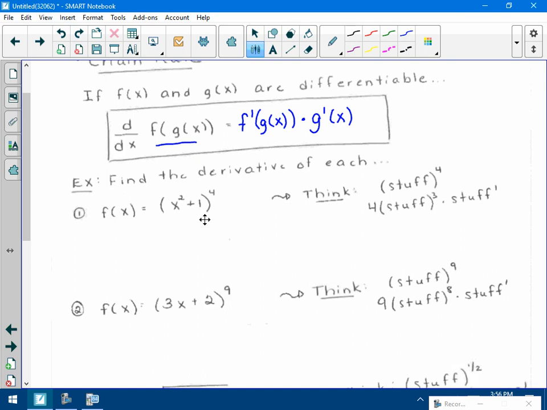There are 2 functions here. We have f of x equals x to the 4th, and g of x equals x squared plus 1. x squared plus 1 is plugged into f of x to get (x squared plus 1) to the 4th. But when I look at this, I just think of it as some stuff raised to the 4th power.